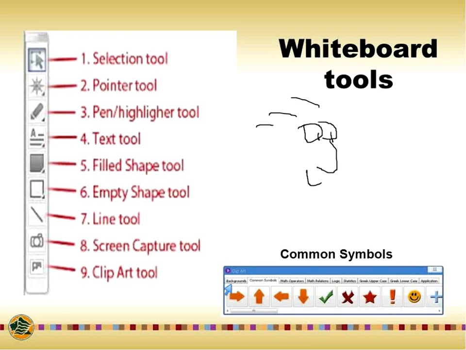The font is really small. I like the common symbols, so that's the second tab. If you click on the common symbols, you should get a whole bunch of all kinds of symbols like arrows and happy faces and that kind of thing. I use that tool, and I have my students use that tool quite a bit in class.